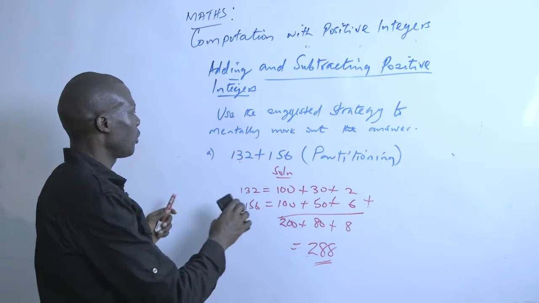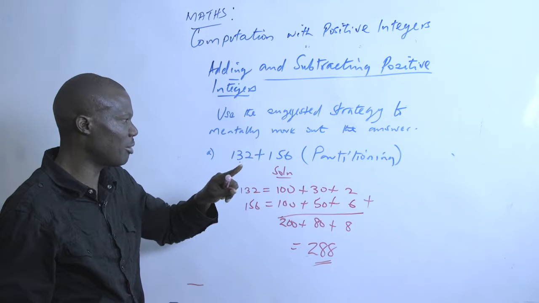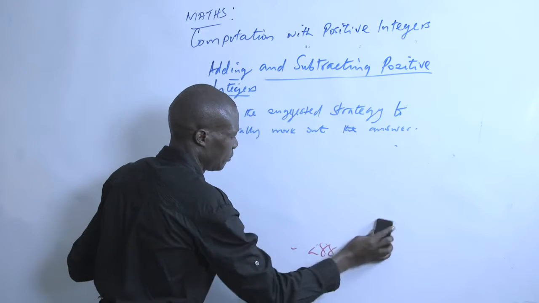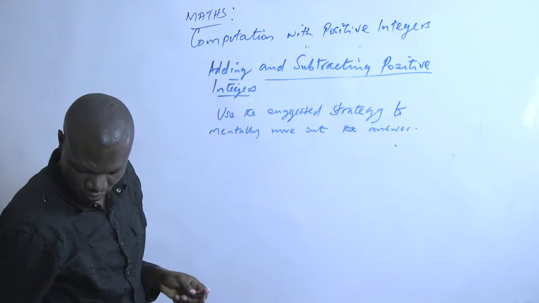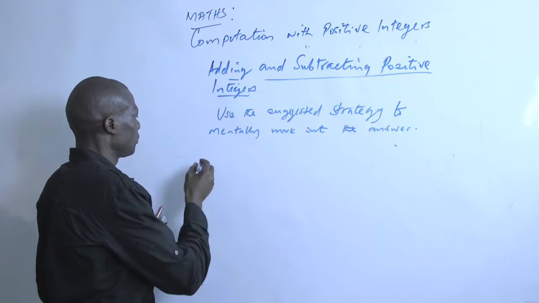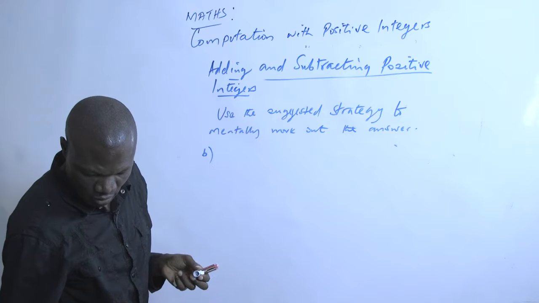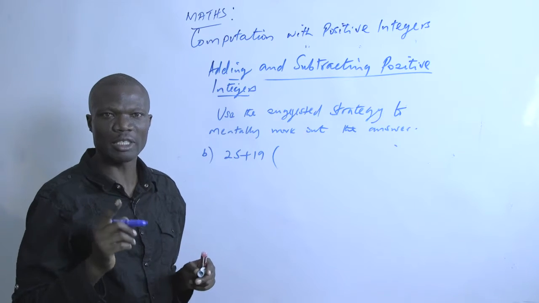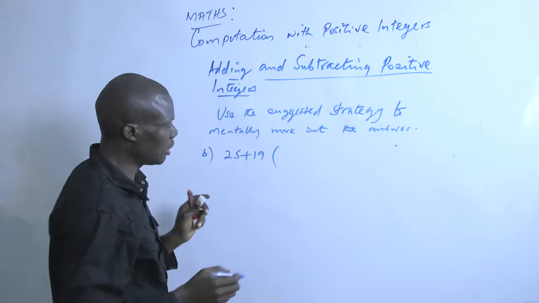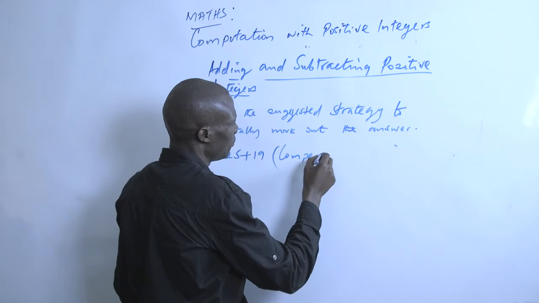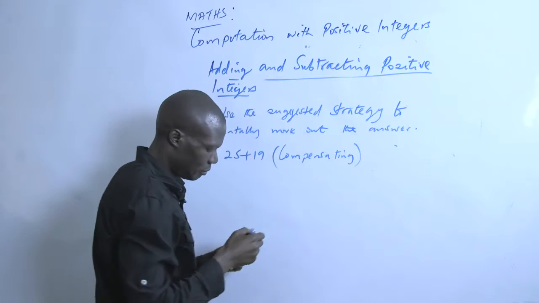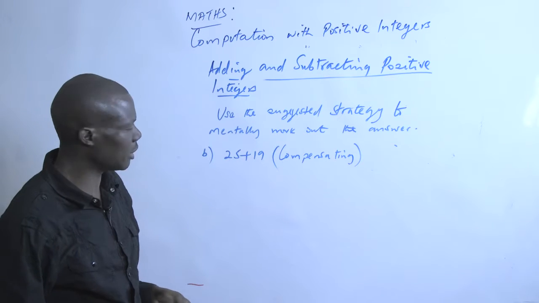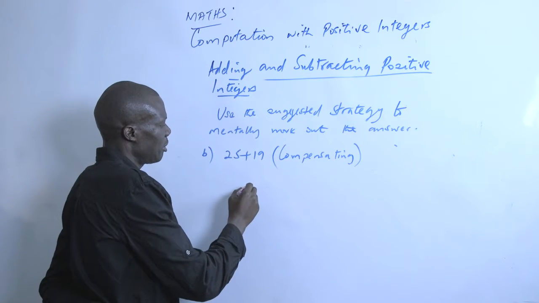Still on the same question, we handle a different question, but not using partitioning this time, we use a different method. 25 plus 19, and we are going to use compensating. Now, the first numeral is 25.